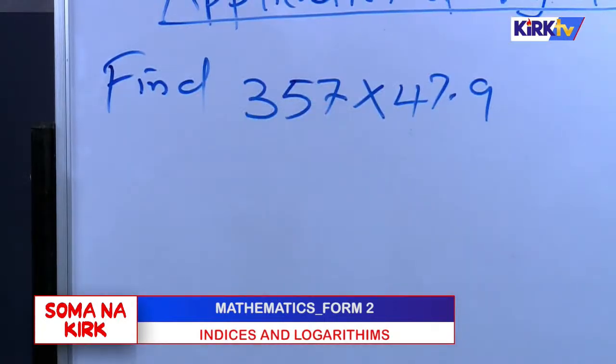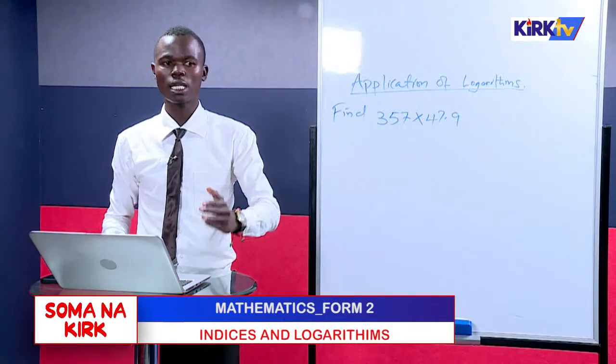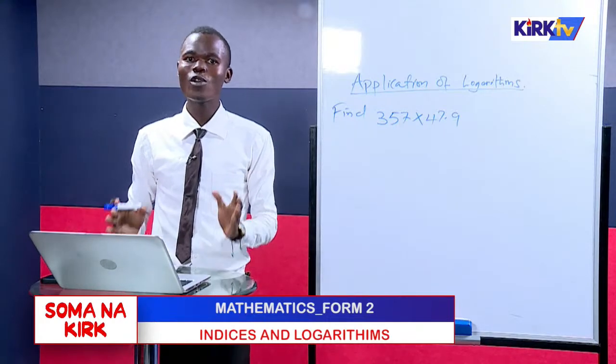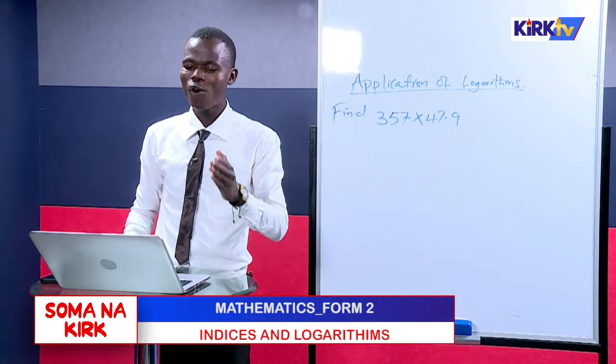The first thing is we have to understand that the logarithm table, or rather the standard table, is in standard form. So we must first change the values to standard form.